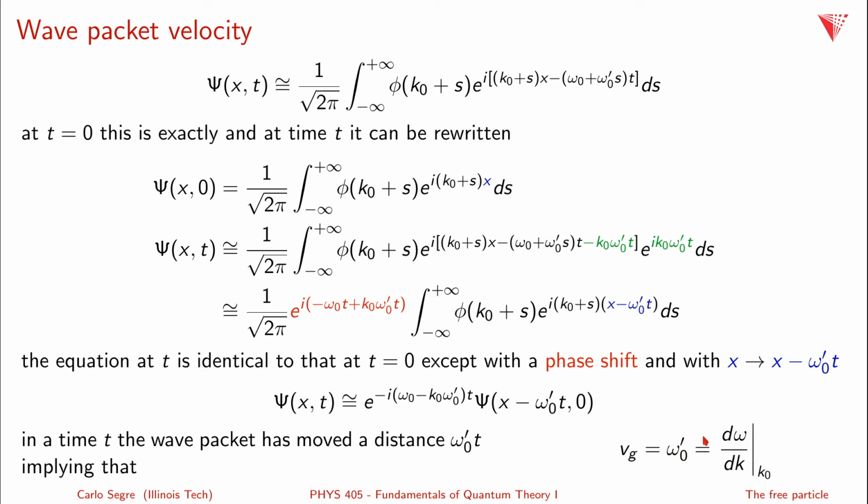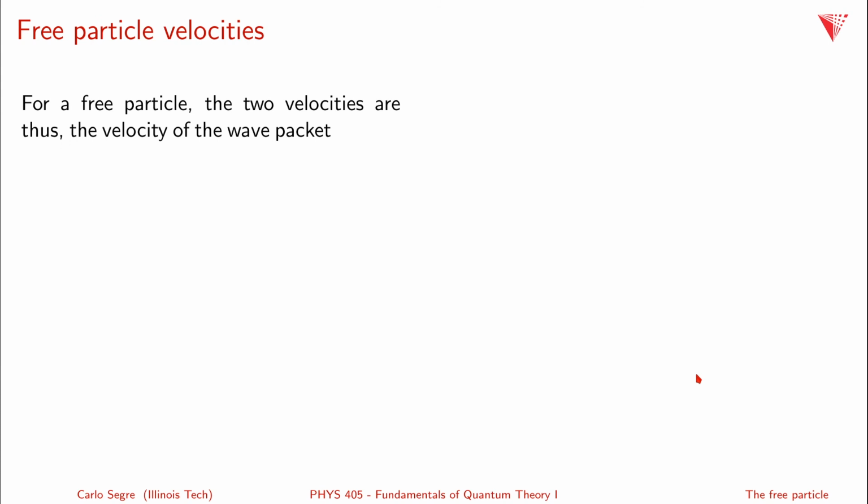But that's equal to the derivative of omega with respect to k, because that's the first Taylor series expansion term, evaluated at k sub 0. So now we can look at the group velocity as d omega dk evaluated at k sub 0.